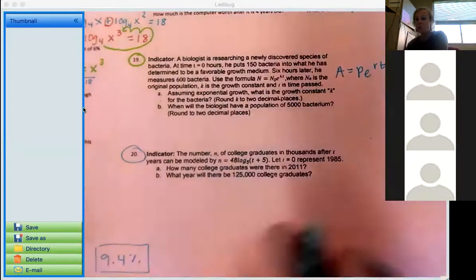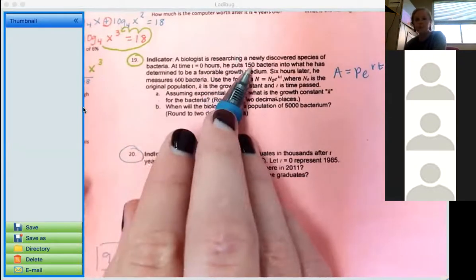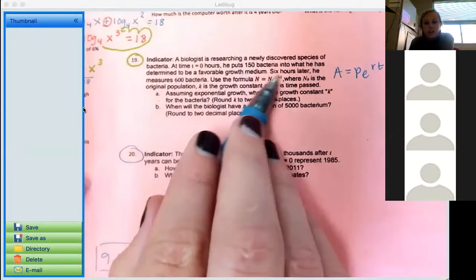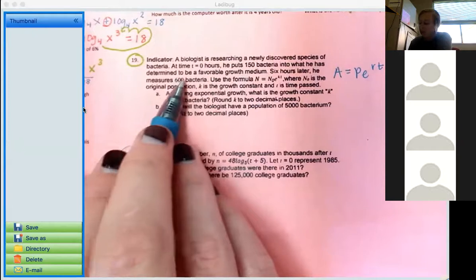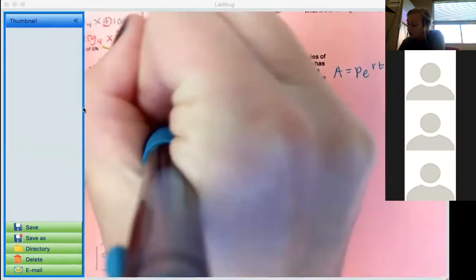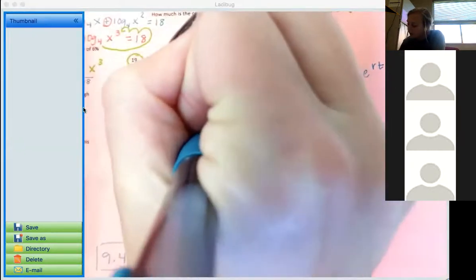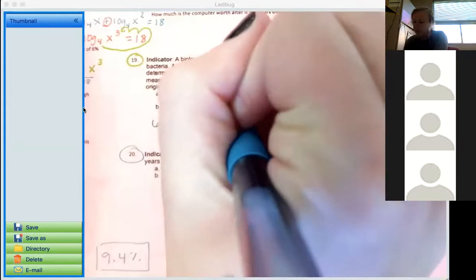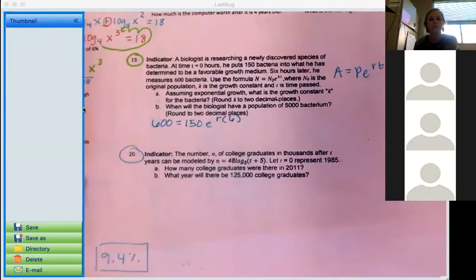All right, so the initial amount of bacteria is 150. 6 hours later, he has 600. So that would be 600 equals 150 E to the R times 6. We don't know R, but we know it's been 6 hours. Are you guys okay if I don't solve this for R and I just tell you what rate I got?